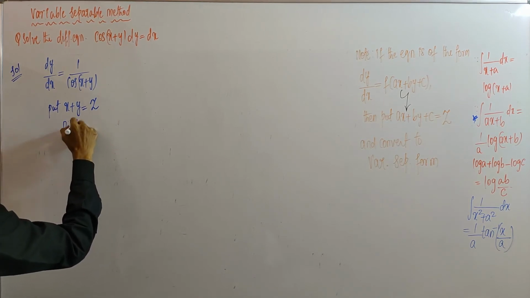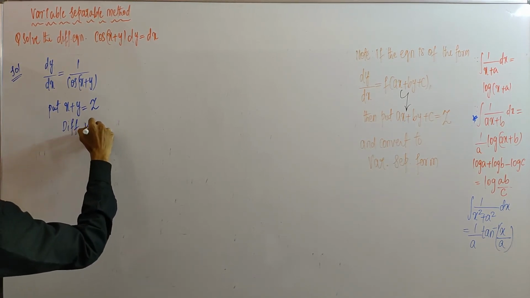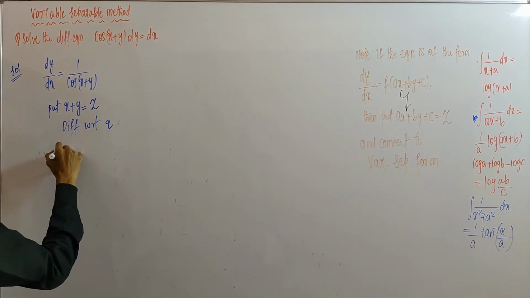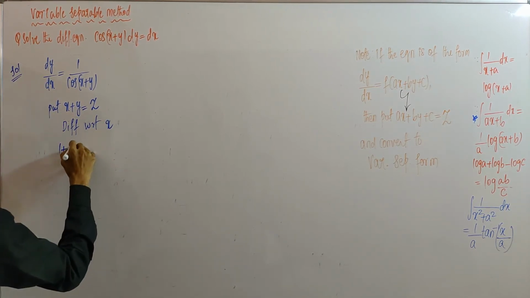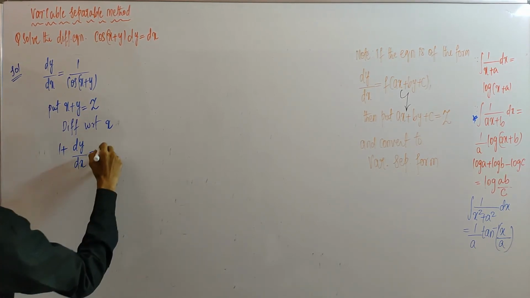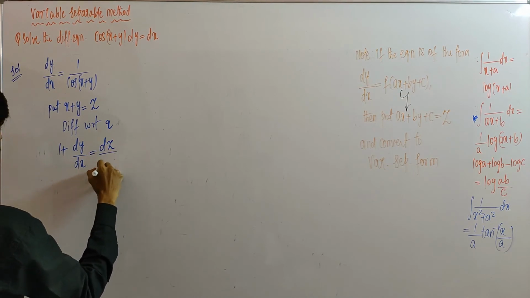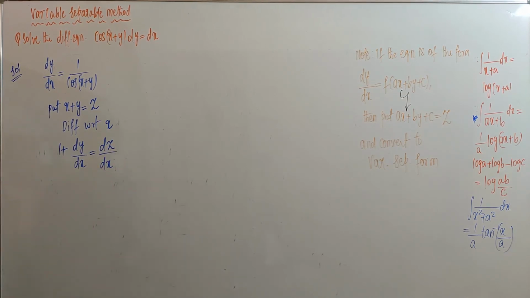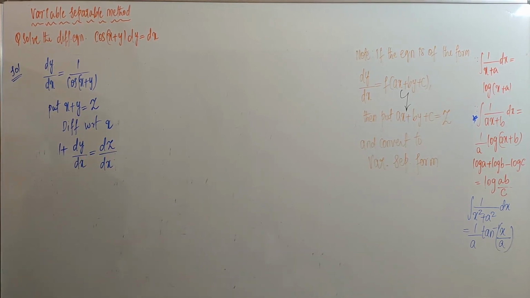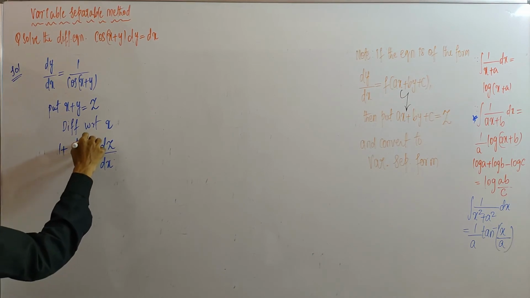Now differentiate with respect to x. So d by dx of x is 1, d by dx of y is dy by dx, d by dx of z is dz by dx. We want only one type of variable. Here we have three variables z, x, y. So remove one variable, that is y.